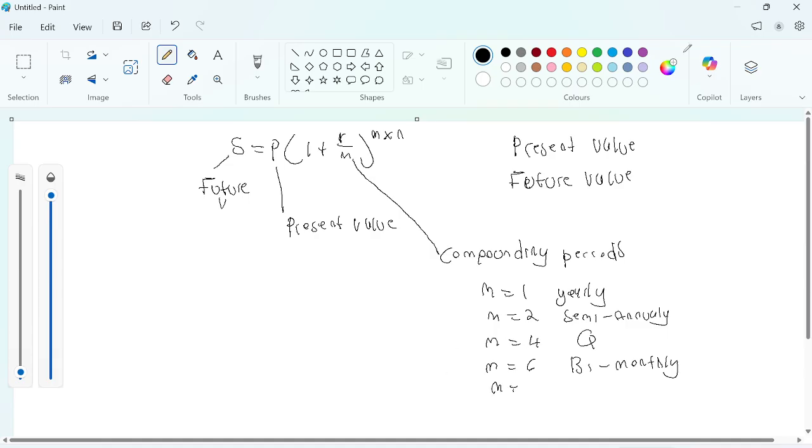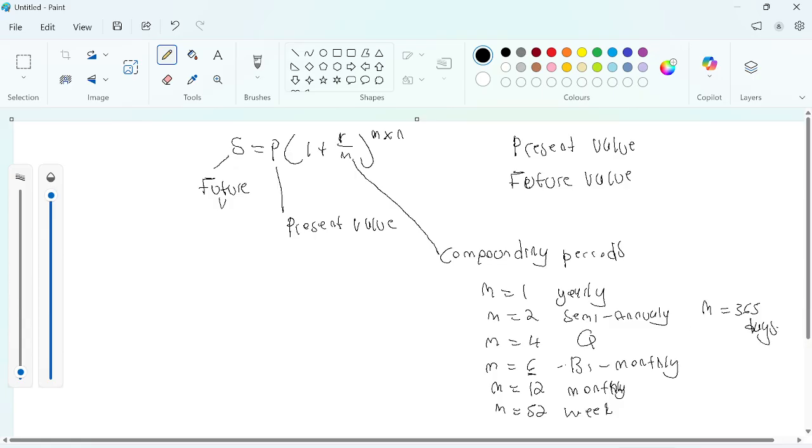And M can be 12 if it's monthly. And on this one, they'll specify interest is compounded monthly. Now M can be 52, which is weeks, and then M can be 365, which is days.